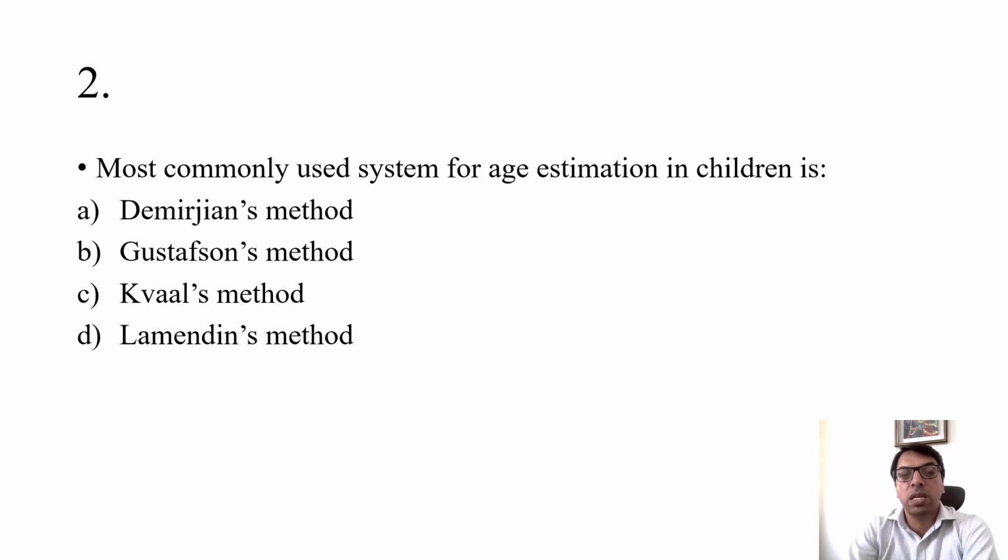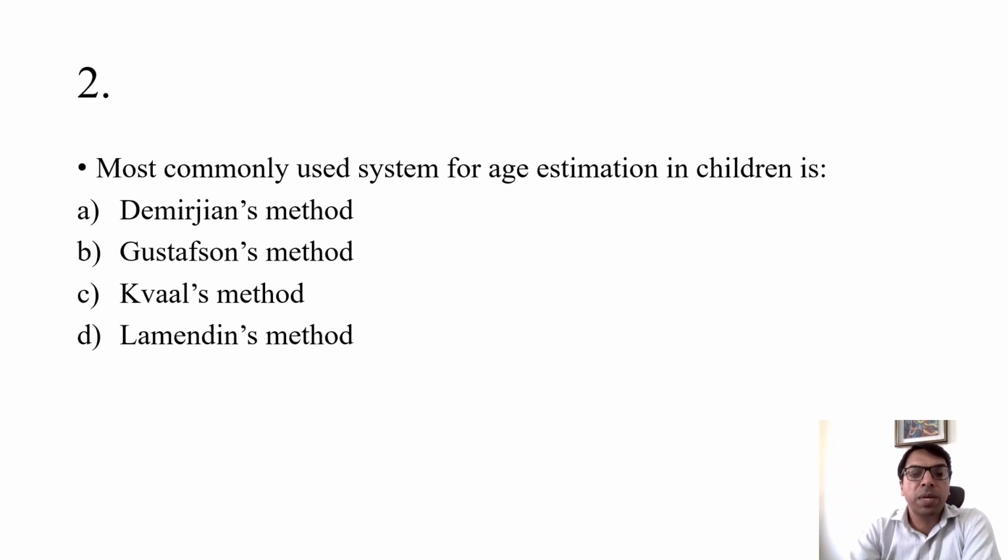As we know, the Gustafson method is based on estimation of 6 criteria and it is for the age beyond 25. That means it is for adults. Various criteria for the Gustafson method are root resorption, secondary dentin, periodontitis, and 3 more. If you want to know the complete Gustafson method, either you can refer to the books or you can comment in the comment box. We'll discuss the Gustafson method.